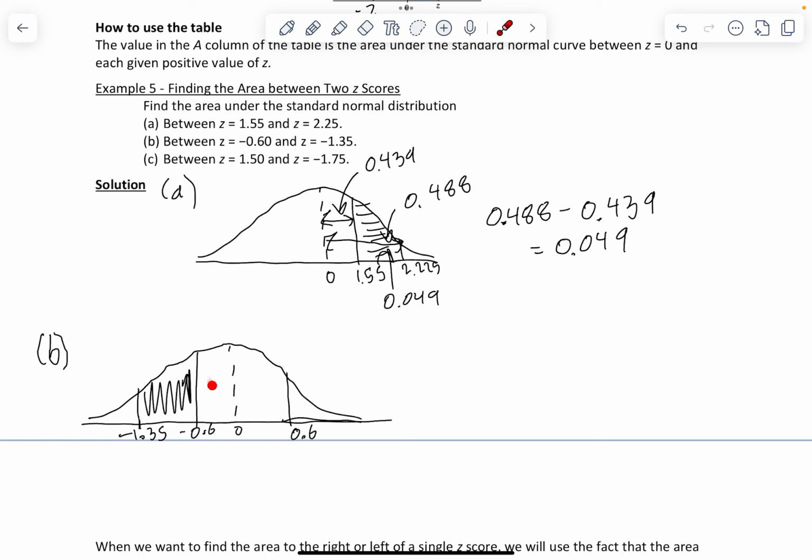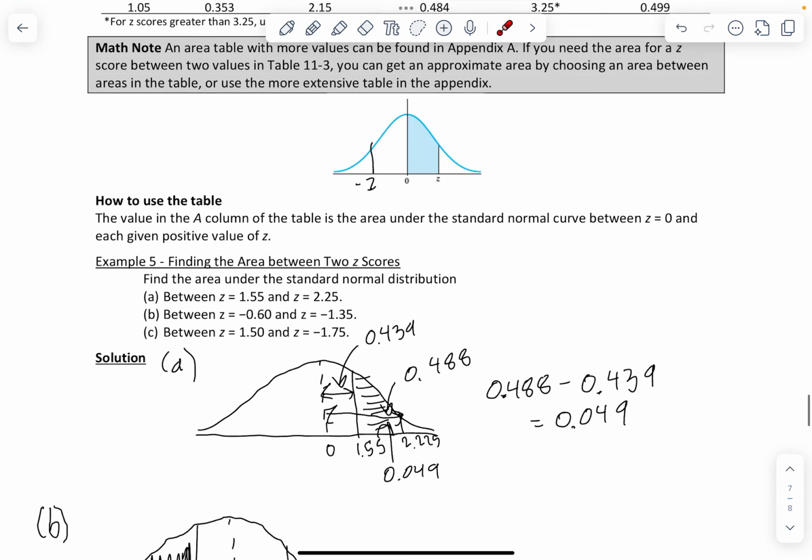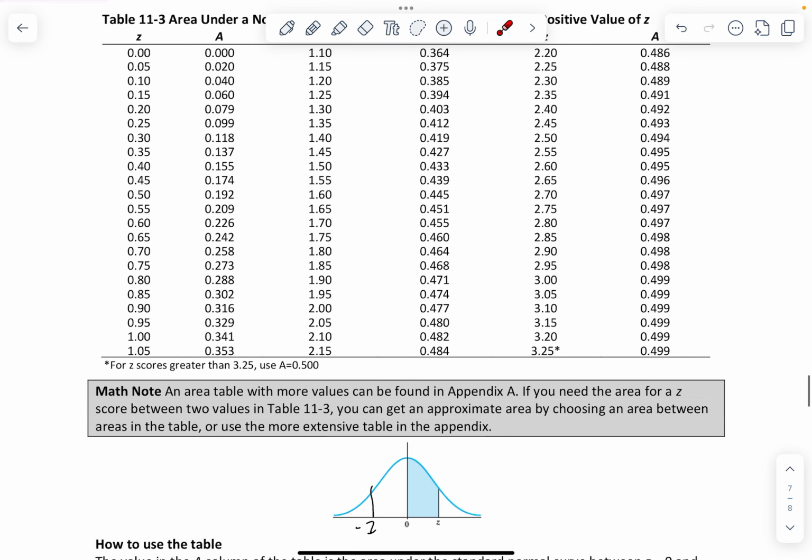The area to the right of a negative z-score is exactly the same as the area to the left of a positive z-score because of the symmetry of the curve. So what I can do is go to my table and just ignore the negative signs and focus on the value itself. So I have negative 0.6. Let's just flip that to a positive. The corresponding area there is 0.226.